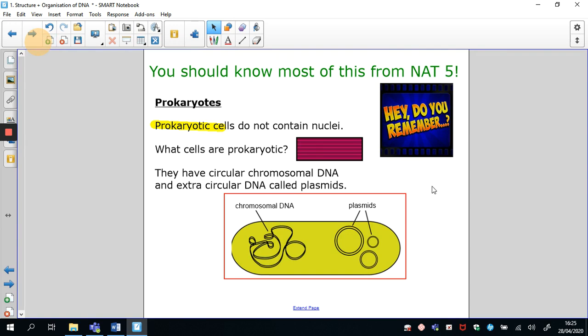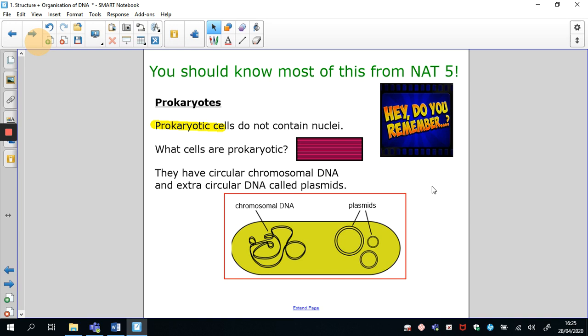Okay, so this is where we get into another little bit about DNA, how it's organised. So this slide you should mostly know from National 5. The only new bit is this word prokaryote. So a prokaryote or a prokaryotic cell is a cell that doesn't have a nucleus.